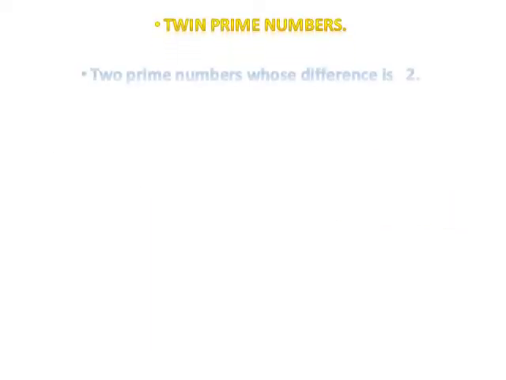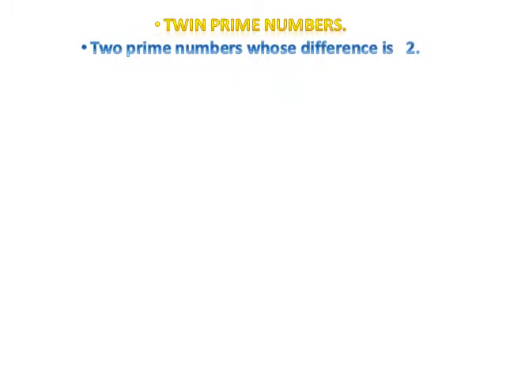Twin prime numbers: two prime numbers whose difference is 2. Let's see some examples. Here 5 and 3 are prime numbers, and if you take their difference, it comes to 2.